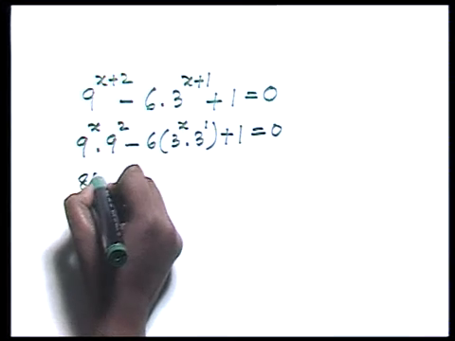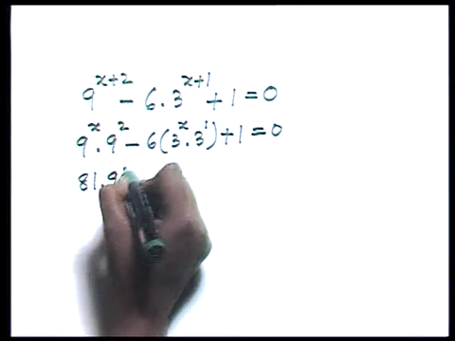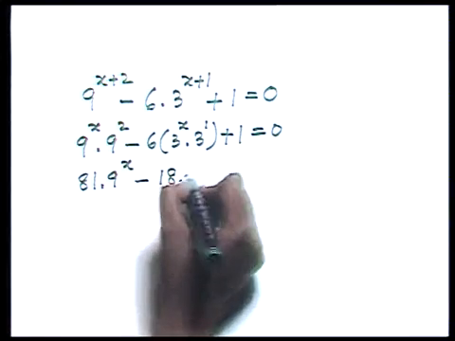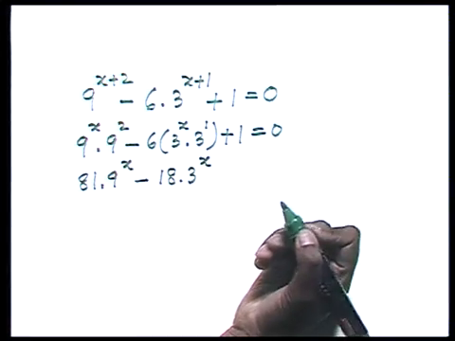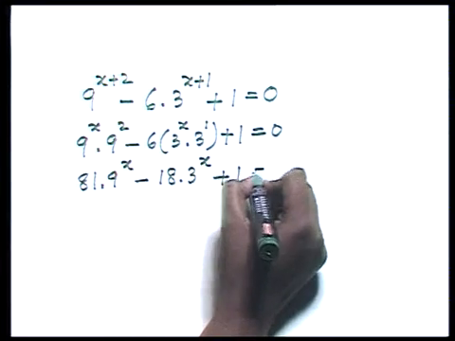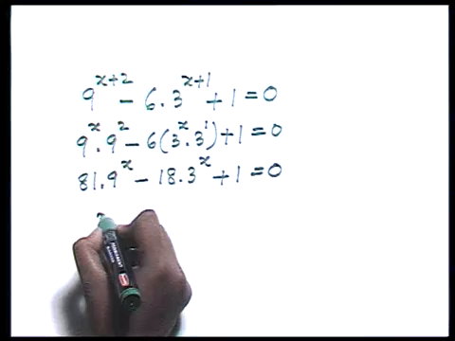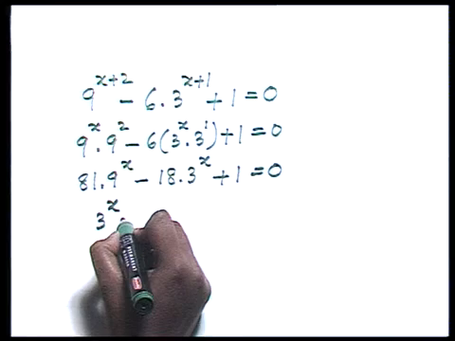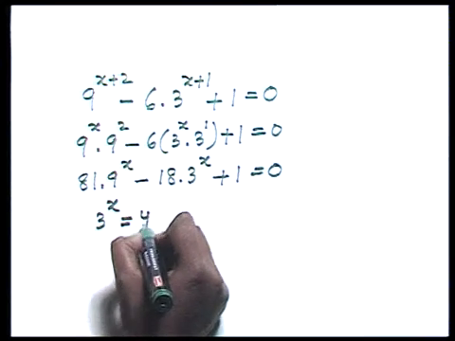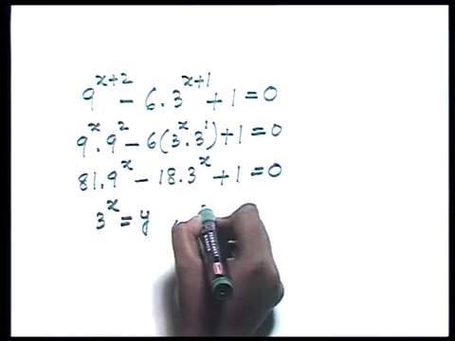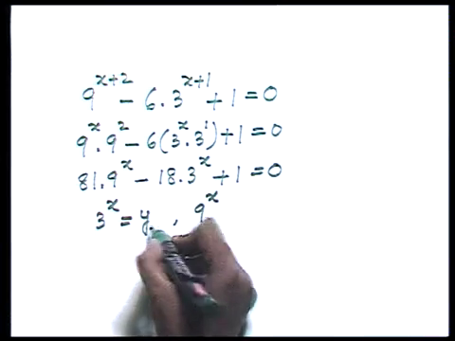That is 81 into 9 raised to the power x minus 18 into 3 raised to the power x plus 1 equal to 0. Now suppose we substitute y as 3 raised to the power x. Then what will be the value of 9 raised to the power x in terms of y?